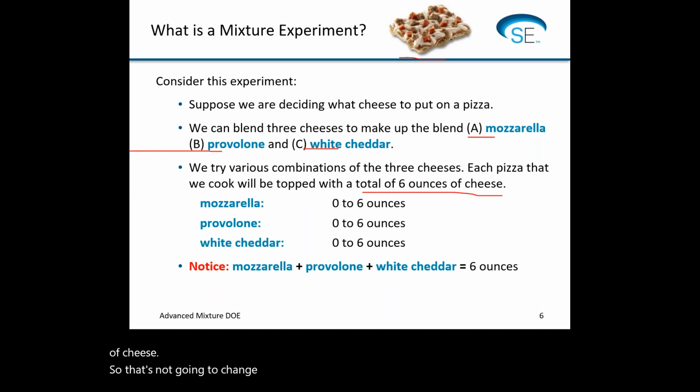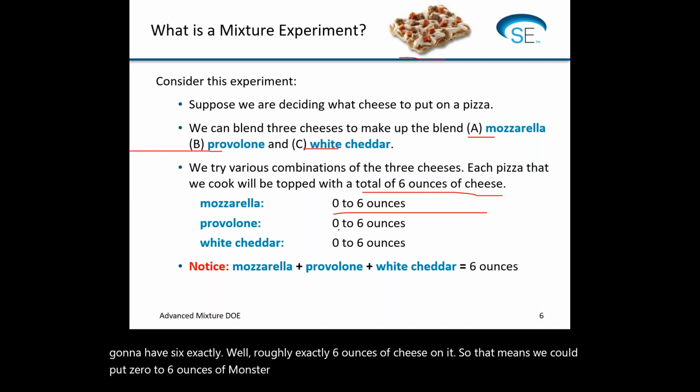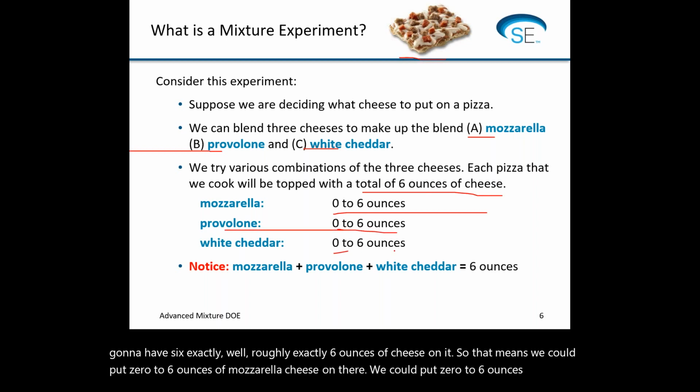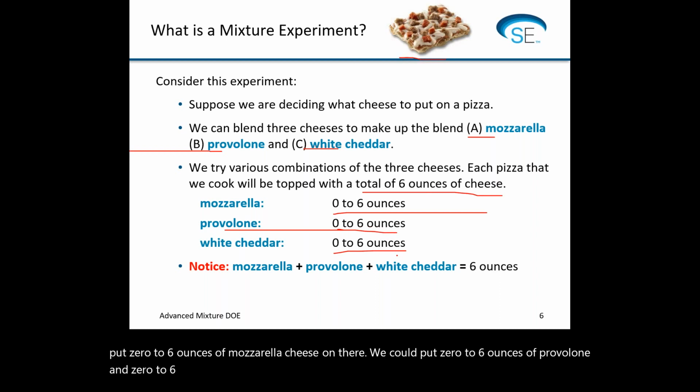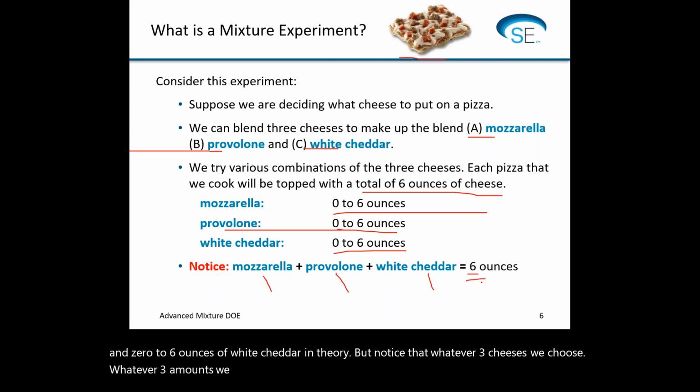Every pizza, no matter what type of cheese we put on it, is going to have roughly exactly 6 ounces of cheese on it. So that means we could put 0 to 6 ounces of mozzarella cheese on there. We could put 0 to 6 ounces of provolone and 0 to 6 ounces of white cheddar in theory. But notice that whatever 3 amounts we choose, they absolutely have to add up to 6 ounces total.